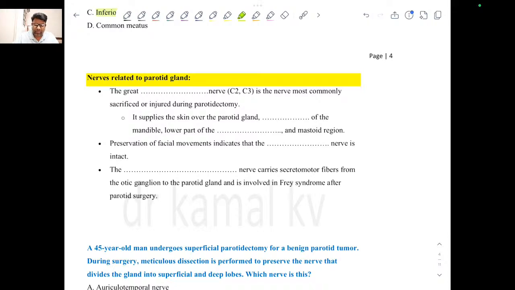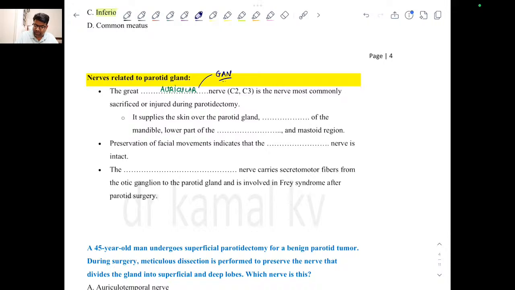One of the nerves related to the parotid gland is the great auricular nerve. The word auricular is related to ear, so it is also supplying the external ear or the pinna.